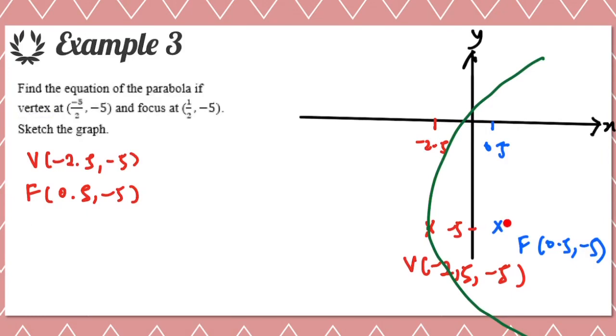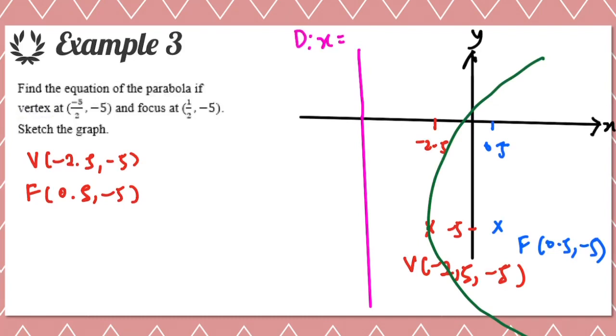The graph is opening towards your right, because the focus is always in front of your vertex. Since you have the focus in front of the vertex, for sure you will have a directrix line at the back here, because it acts as your backbone.